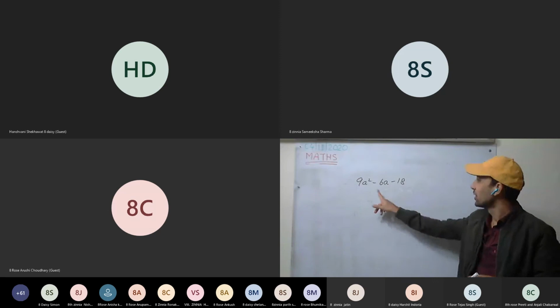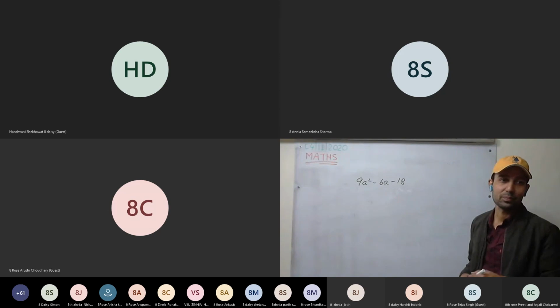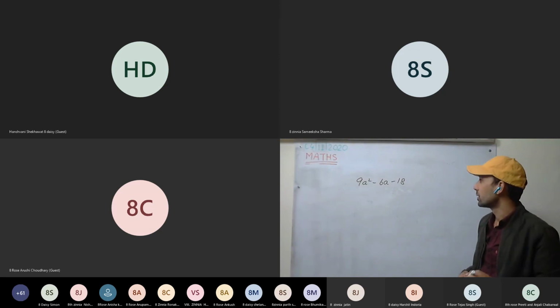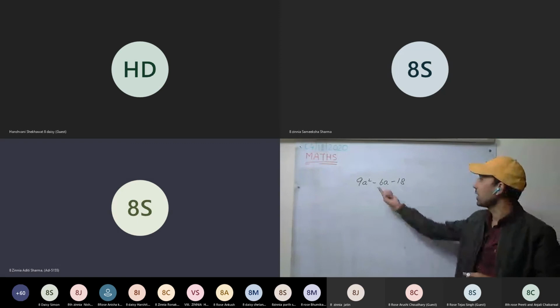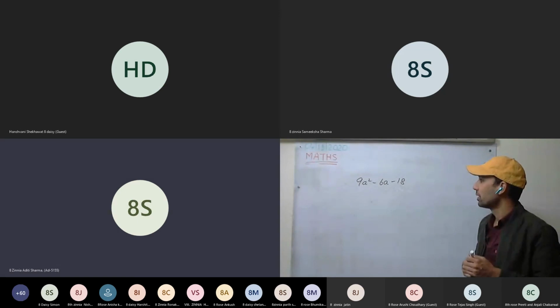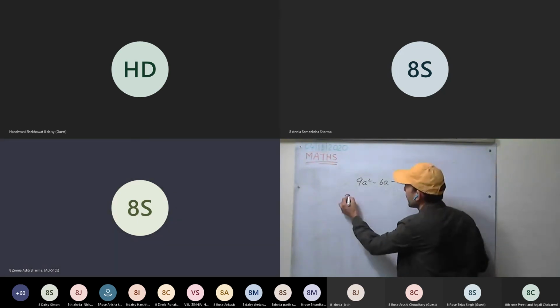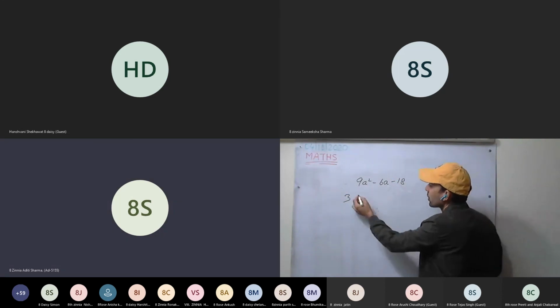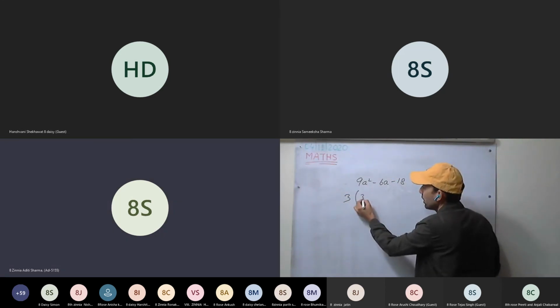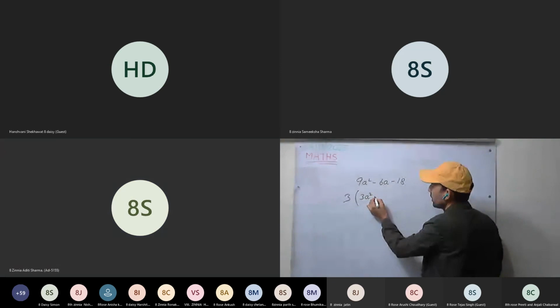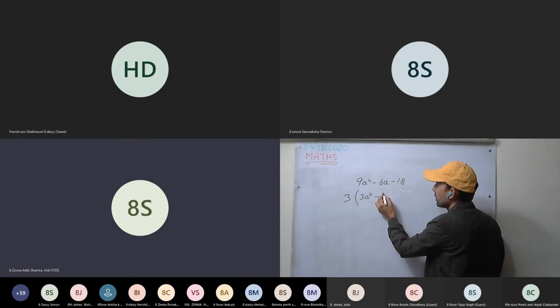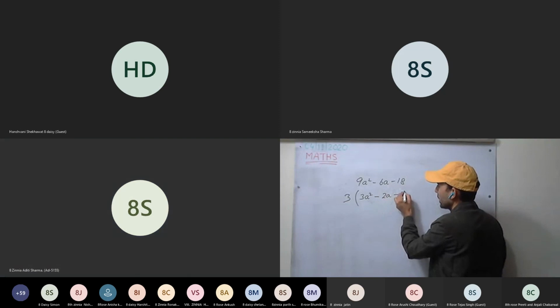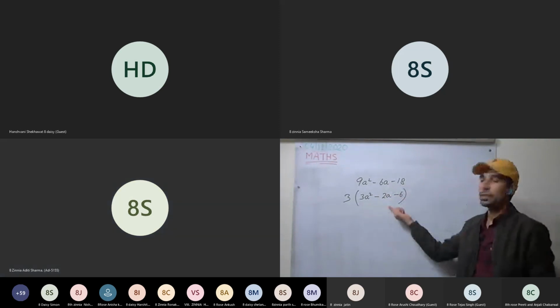Answer. The common factor is 3. Any more constants? No, only 3. Then 3a square minus 2a minus 6. Okay. So this is the answer.